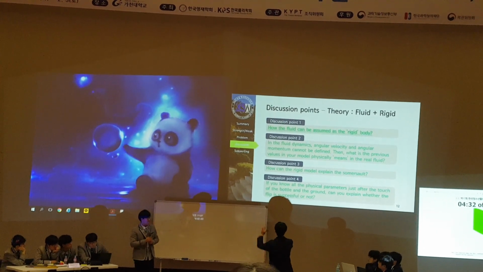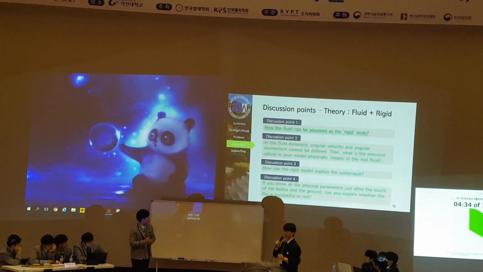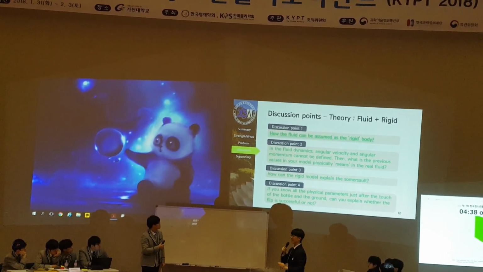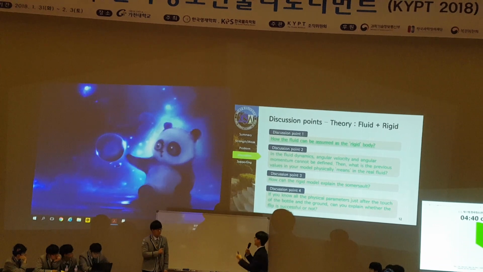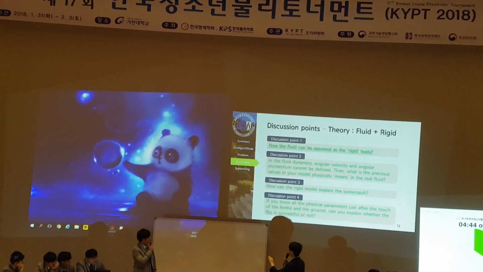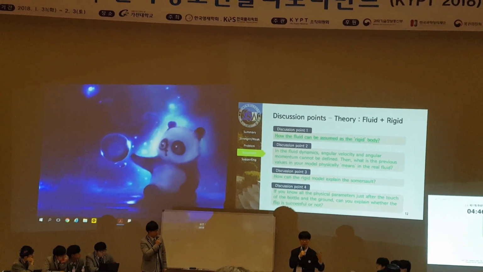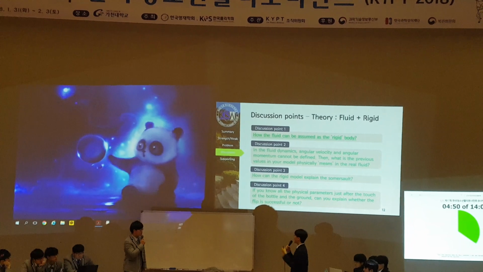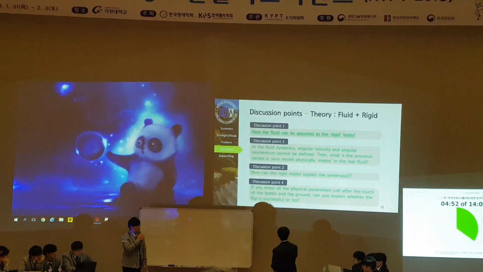Okay, sir, I understand. When you consider the fluid as a rigid body, how can you define the angular velocity and the angular momentum inside the real fluid model when you flip the bottle? In fluid dynamics, we cannot consider angular velocity or angular momentum, ladies and gentlemen. So I'm curious how he considered these values.